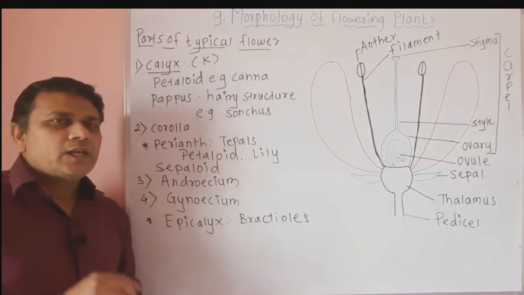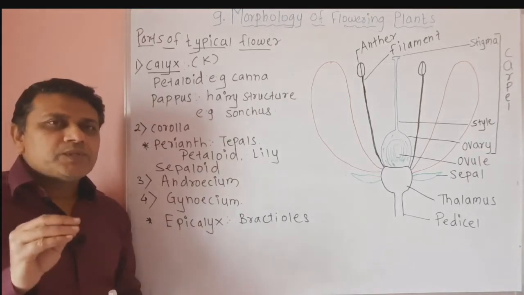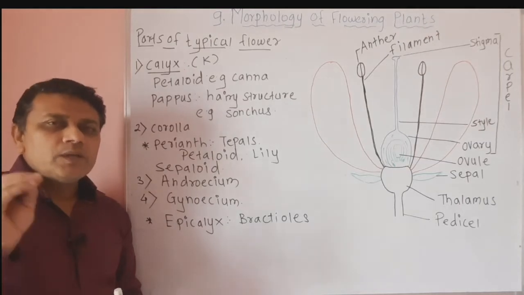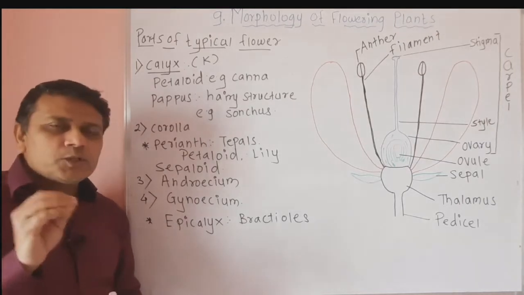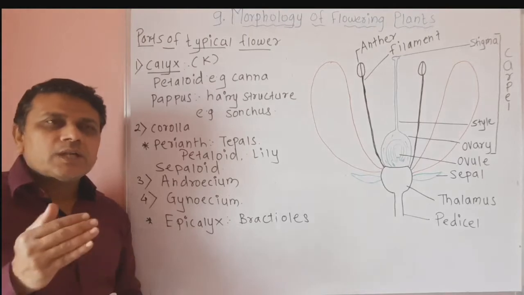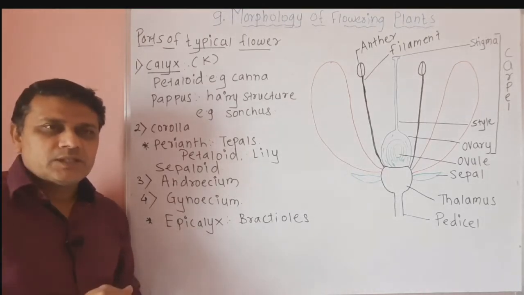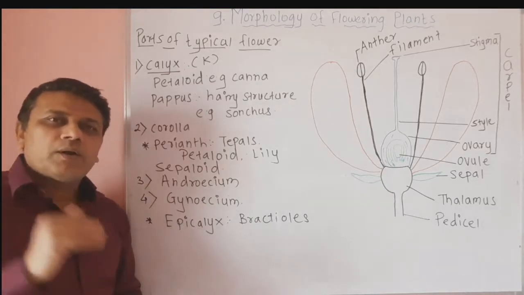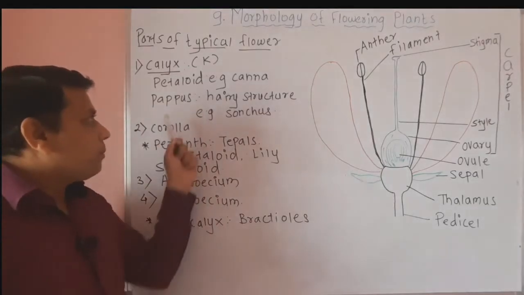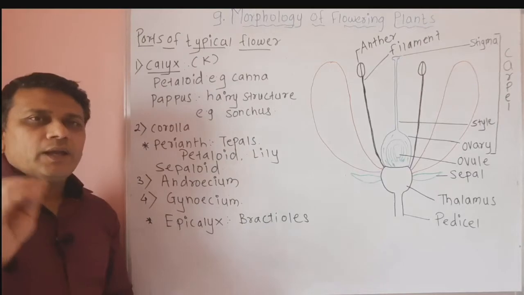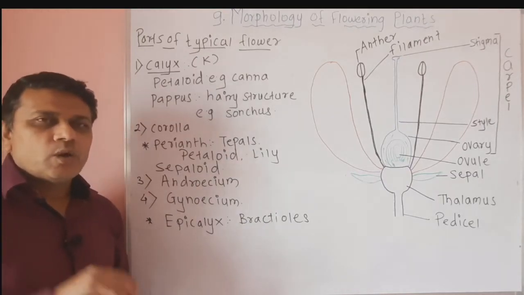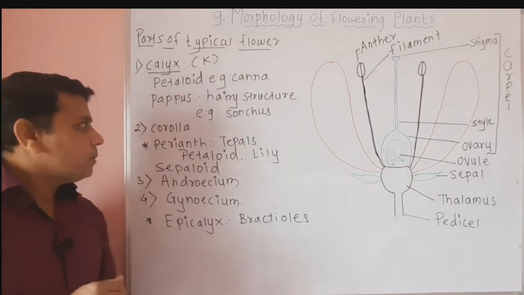Now this pappus calyx or hairy calyx helps in the dispersal of seed. Dispersal of seed means the seeds are transferred from one place to different places for propagation or development. So pappus or hairy calyx helps in the process of dispersal of seeds.